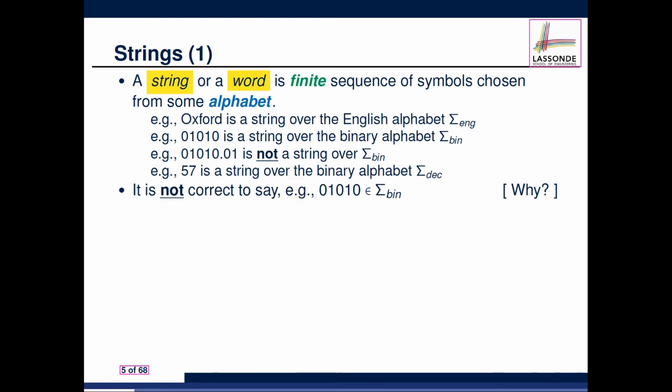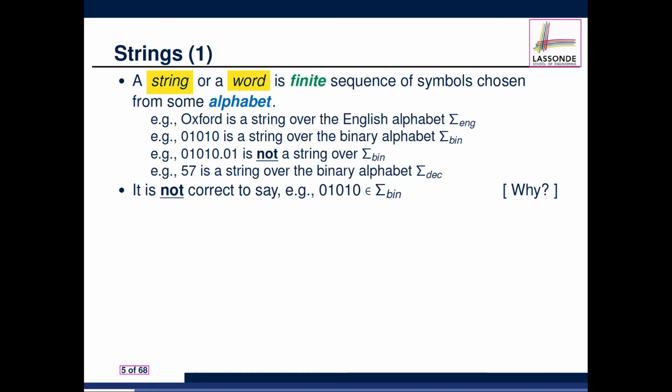How about this one here? Why would it not be correct to say 01010 is a member of the binary alphabet? It's incorrect. Why? Because binary alphabet refers to individual numbers 0 and 1, whereas this is a collection of the sequence together as a word.